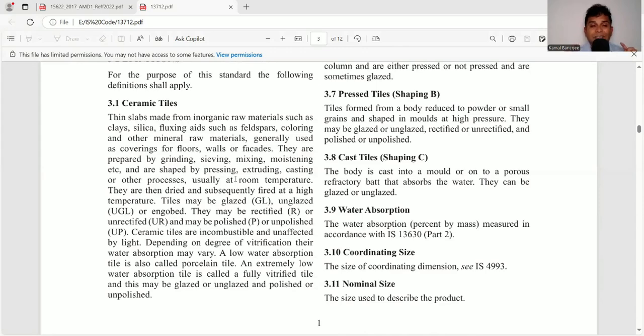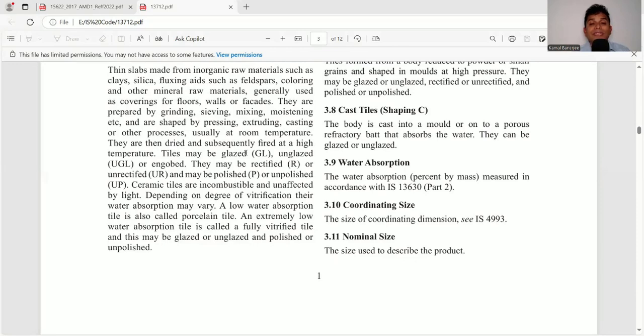So this is just a glimpse of how tiles are made. Tiles may be glazed, unglazed, or in globe. They may be rectified or unrectified, and may be polished or unpolished. So there are different categories of tiles we can produce according to our requirement.